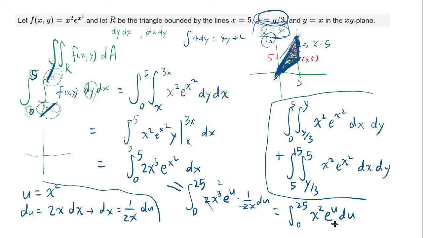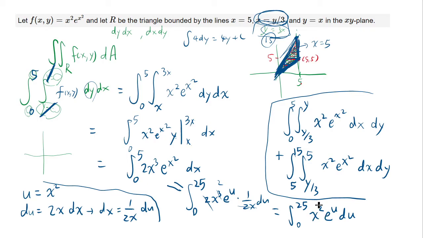And it's very important to actually make sure that you don't have any more x's left, because when you do U-substitution, you should completely change everything to u. If you still have an x in there, then you have not finished doing the U-substitution.